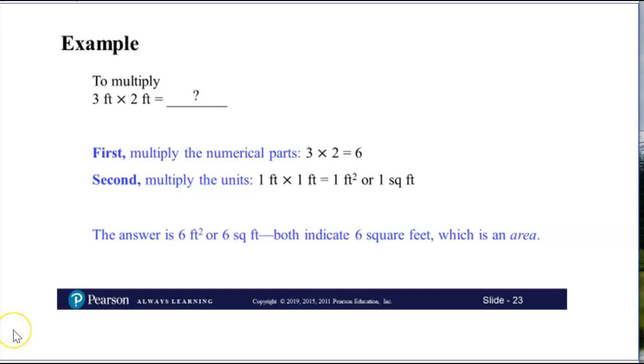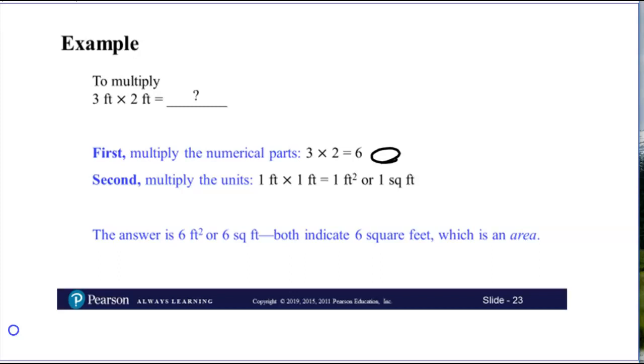To look at an example, if I am multiplying 3 feet by 2 feet, first I look at the numbers only: 3 times 2 is 6. And then second, I'm going to look at the units.